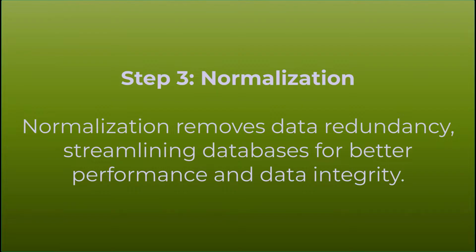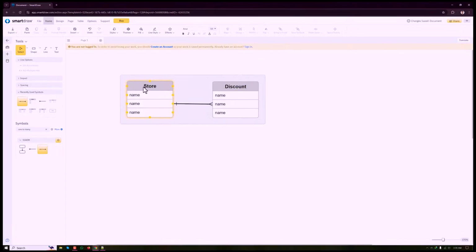We have to make our database compliant with normalization forms. I think for this, up to third normal form is more than okay. The first normal form is to have a unique identifier for each entity, like having a primary key called ID.